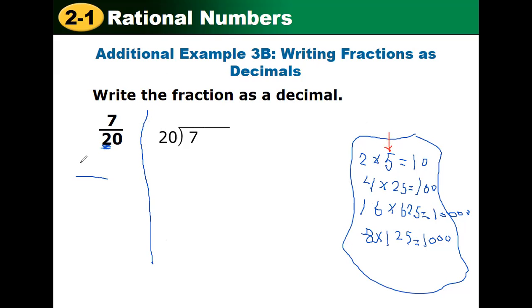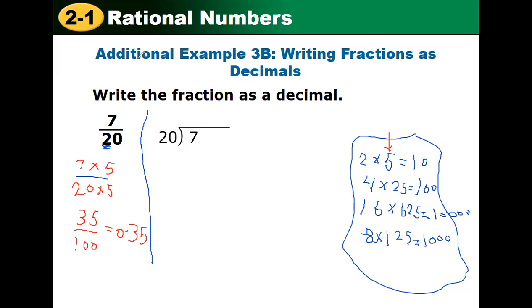Now I can write 7 over 20, and I'm going to multiply the numerator by 5 and the denominator by 5. So we have 35 over 100. Then how do we change it into a decimal? It will be 0.35.